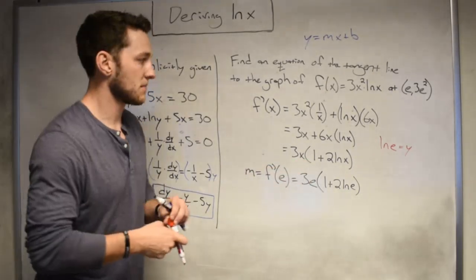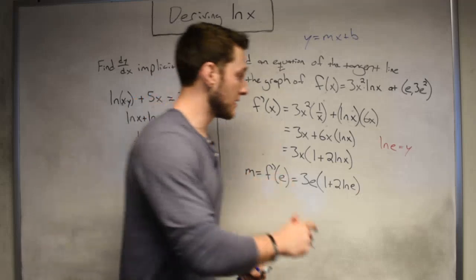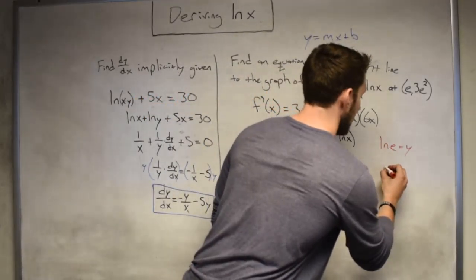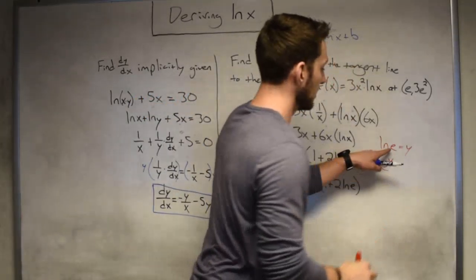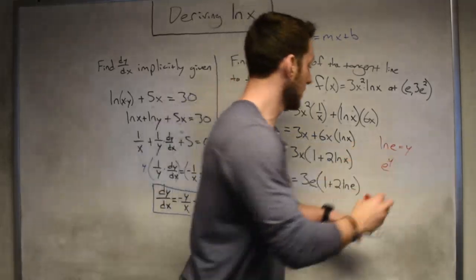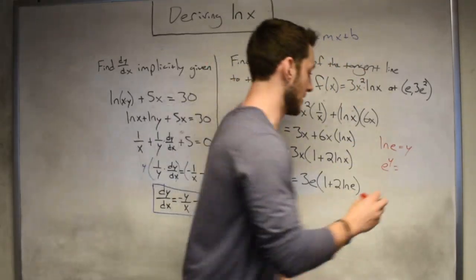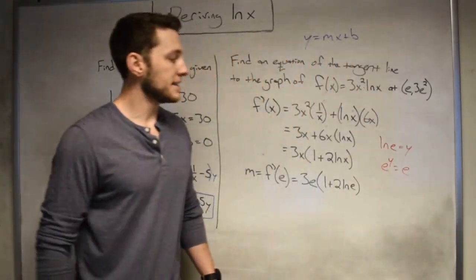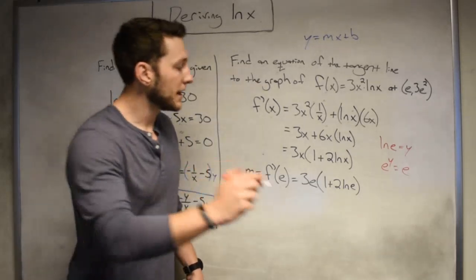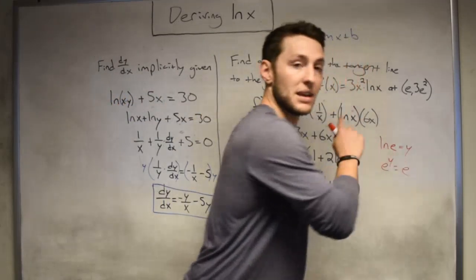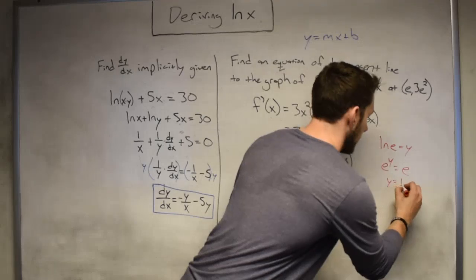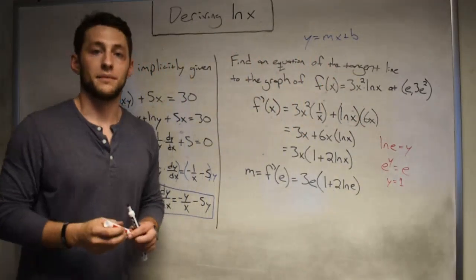Don't want to confuse us. By our translator, this thing would tell me the base to this power is equal to the inside of the logarithm. E to the y equals e. But that tells me, since there's a sneaky 1 right there, that y must be equal to 1.